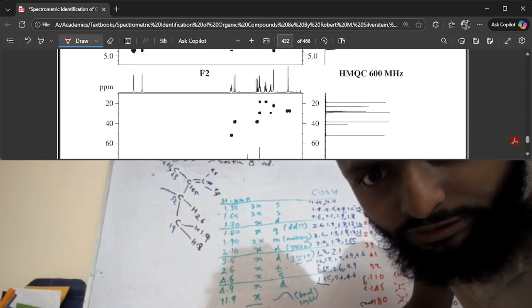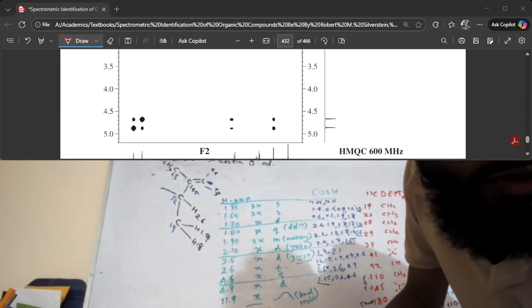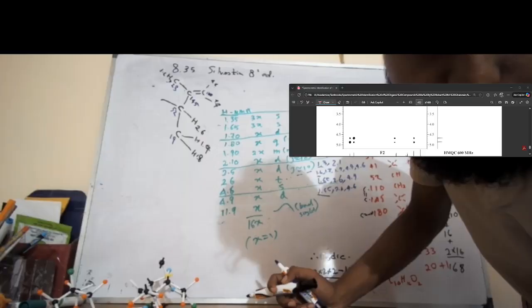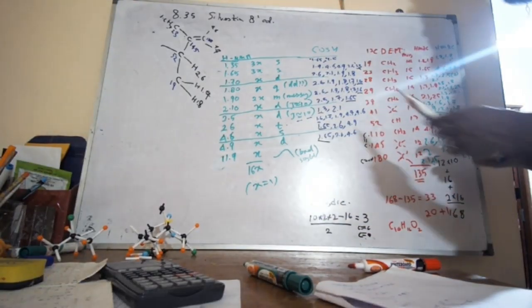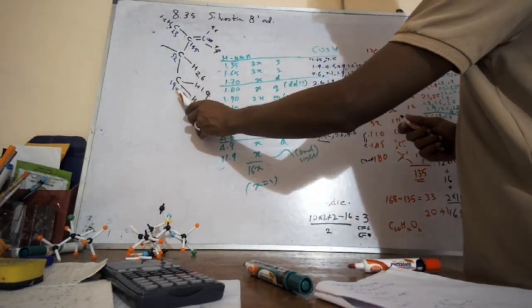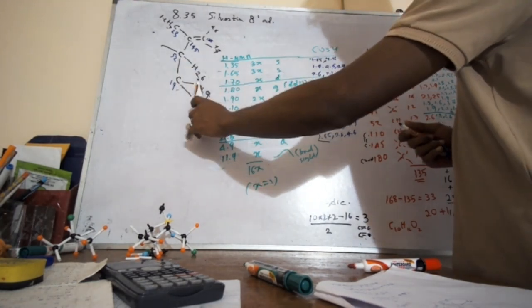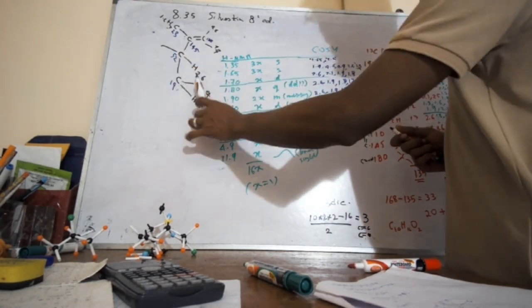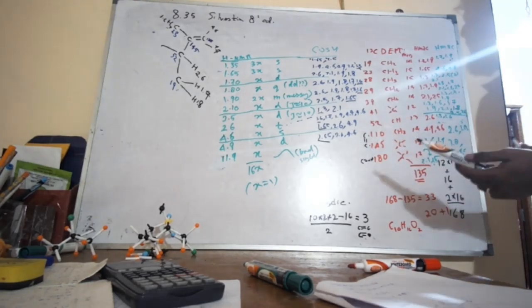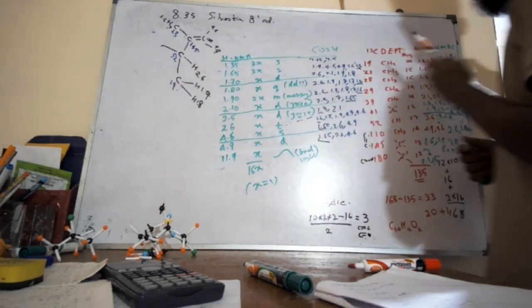I hope you got what I'm trying to say. If carbon 19 is here, it should show a 2 bond correlation with this 2.6. But we don't see that in the list that I put.